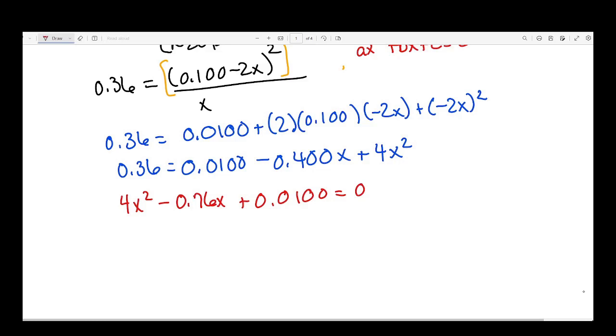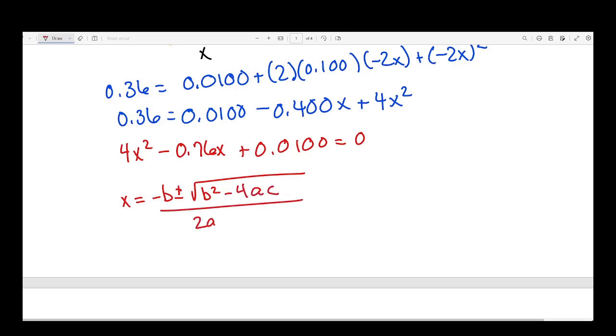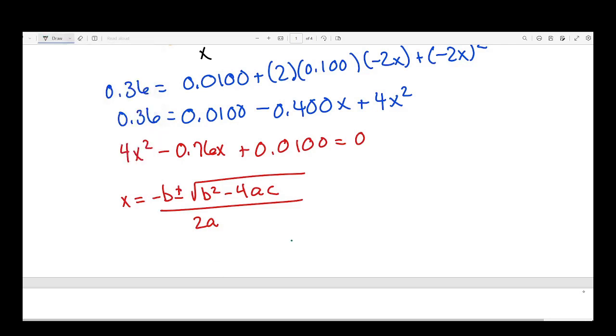Okay, so now I'm going to plug that into the quadratic equation, where I have x equals minus b plus or minus the square root of b squared minus 4ac all over 2a. This is my a in this case, this is my b, and this is my c.